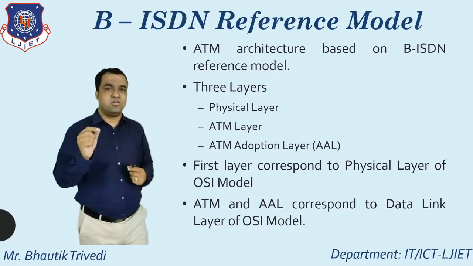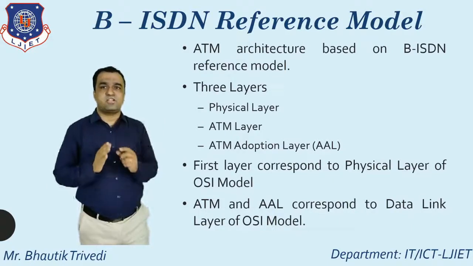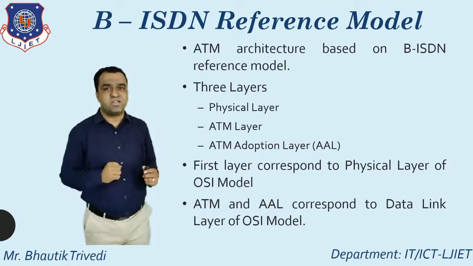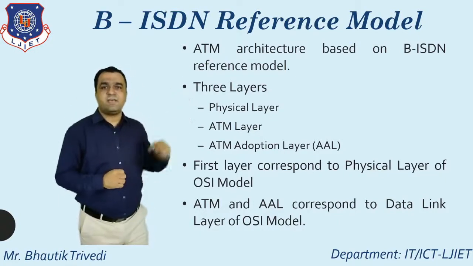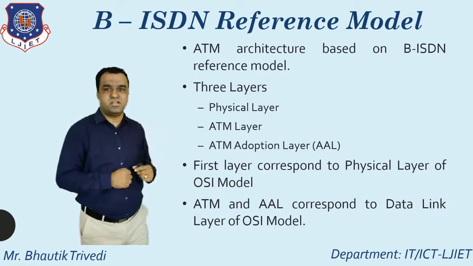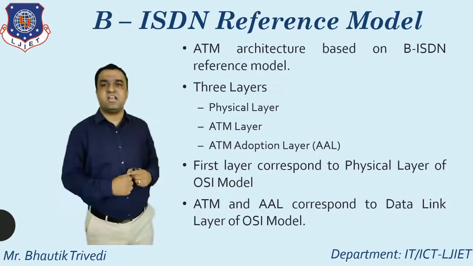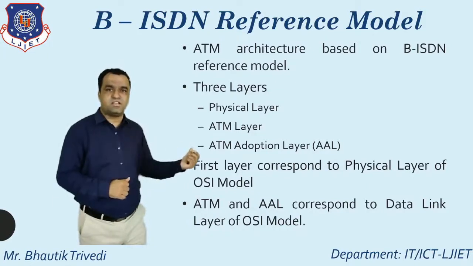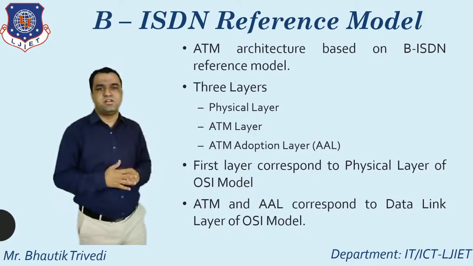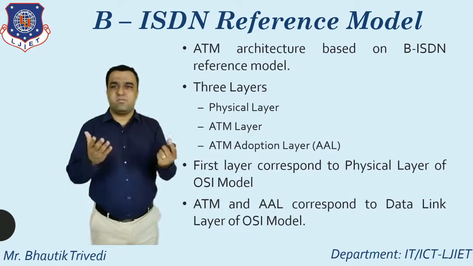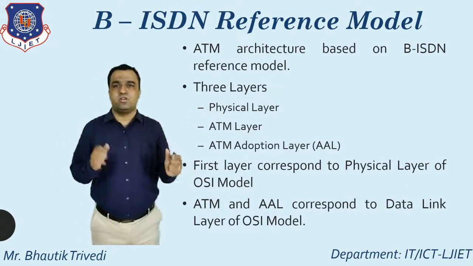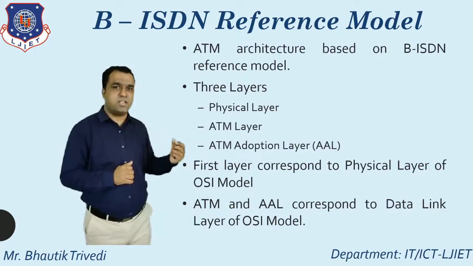You already know the concept of the OSI model, which supports 7 layers from the physical layer up to the application layer. But the ATM architecture supports 3 layers: the first is the physical layer, the second is the ATM layer, and the third is the ATM adaptation layer. The physical layer directly corresponds to the physical layer of the OSI model.